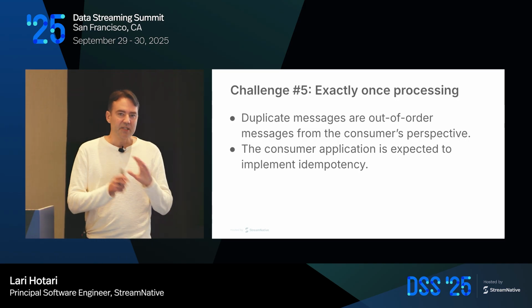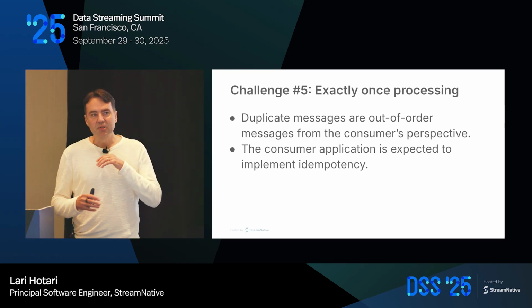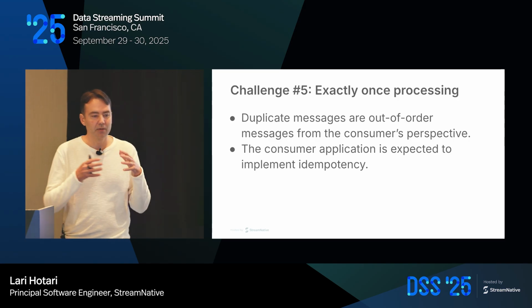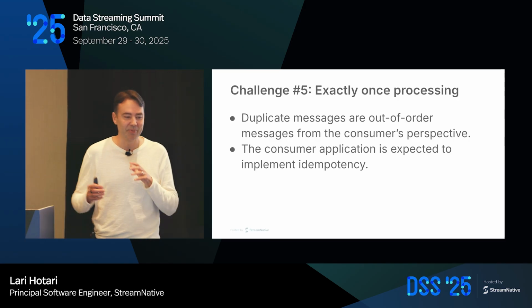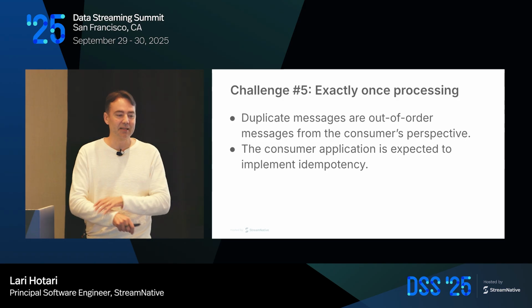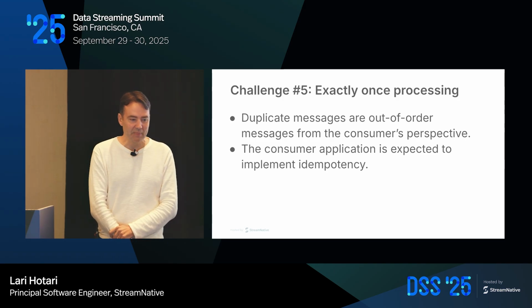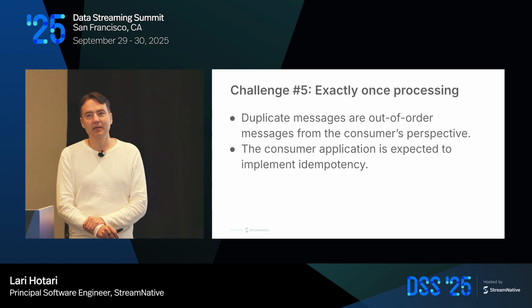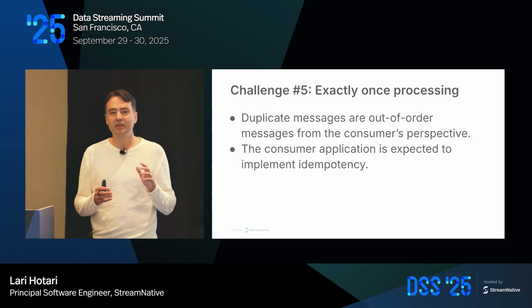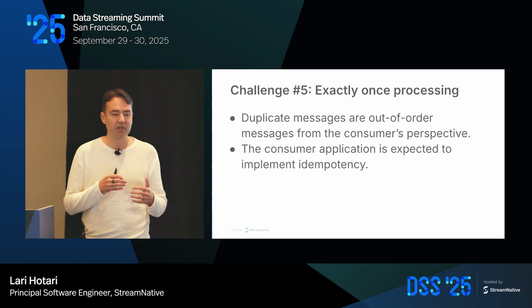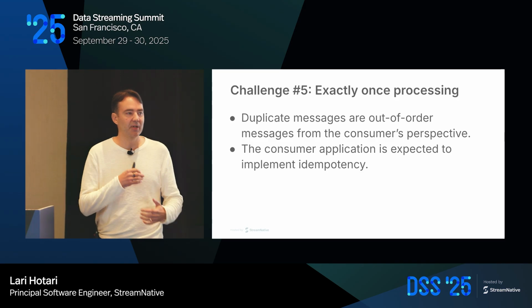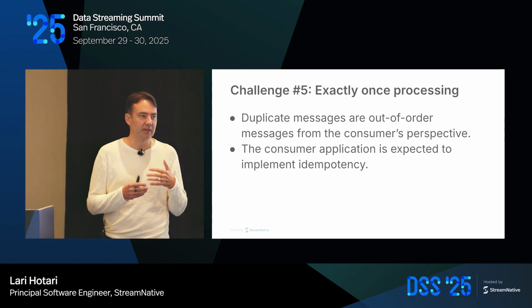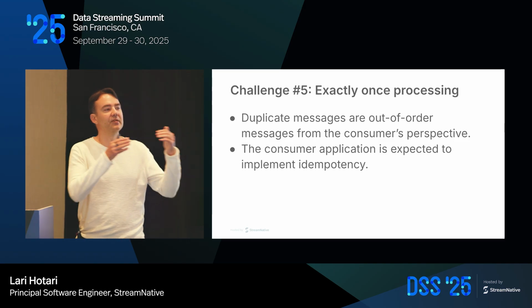Then one challenge that is a little bit outside of the broker's context completely, or at least at the boundary, is exactly once processing. In the case of the consumer receiving duplicate messages, from the consumer's perspective it's also receiving messages out of order.